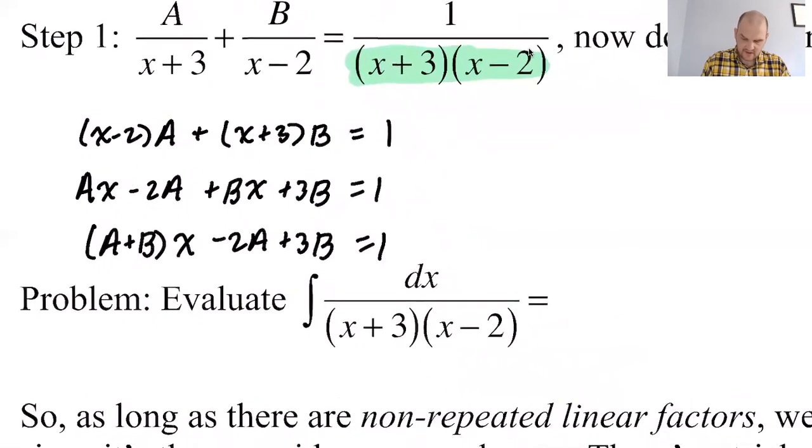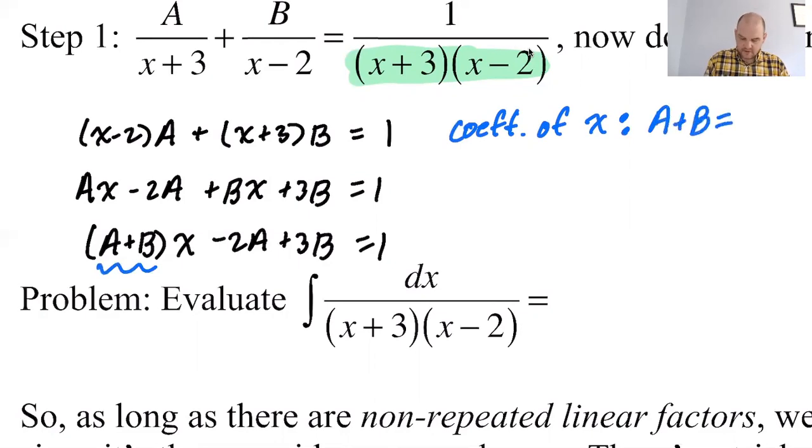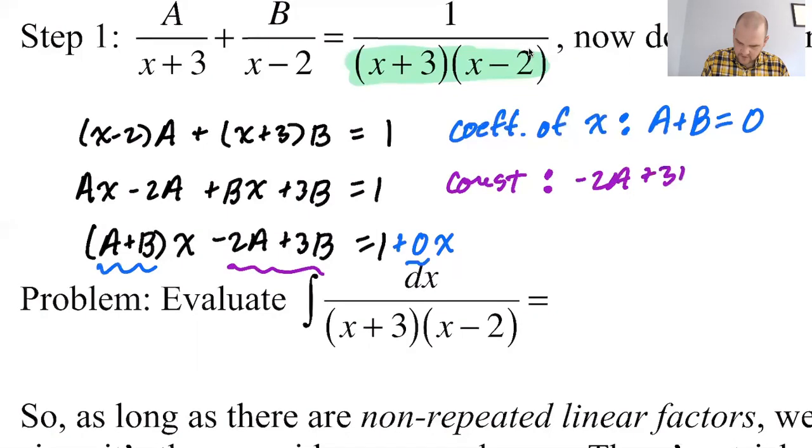So that means from the coefficients of x, we get A plus B equals, there's no x on the other side, so 0x, and the coefficient is 0. So A plus B is equal to 0, which is really good because we can use that. And then also from the constants, we know that negative 2A plus 3B equals, on this side we just have 1.